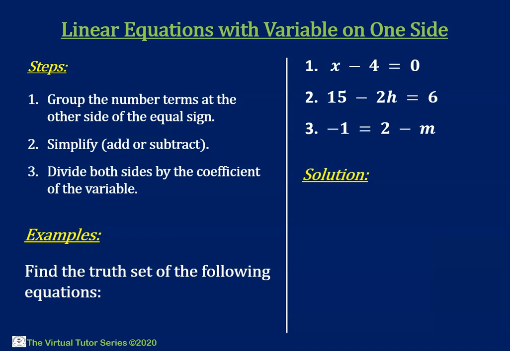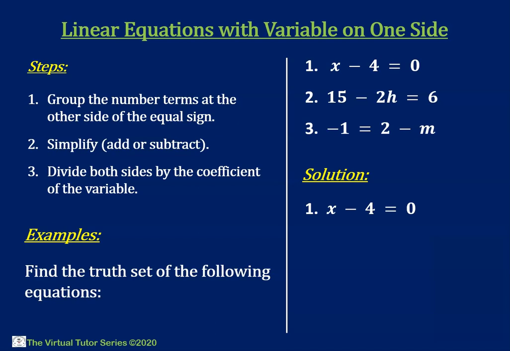Example 1 is x minus 4 is equal to 0. Let's maintain x at the left-hand side and move 4 to join 0 at the right-hand side.